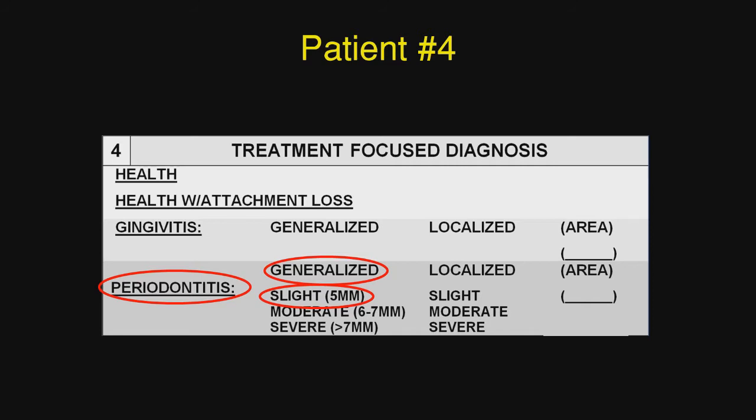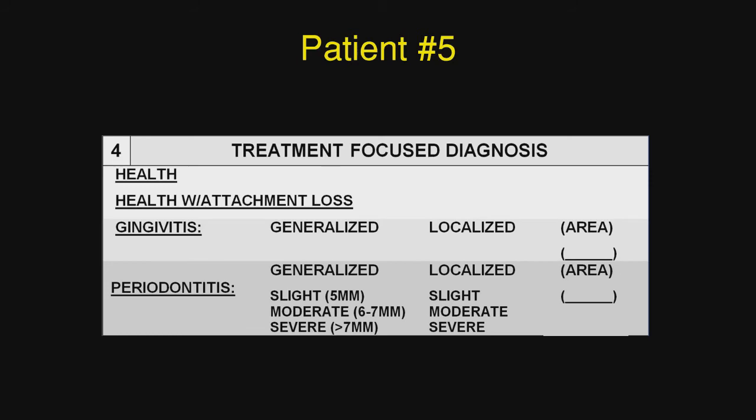Because it's slight, if we do a good job of root planing and the patient practices decent home care, we know that this case is not going to require surgery. So now we begin to see the impact that a treatment-focused diagnosis can have on communicating with the patient, as well as helping the student understand exactly what they're treating, why they're treating it, how they treat it, and why they're treating it.